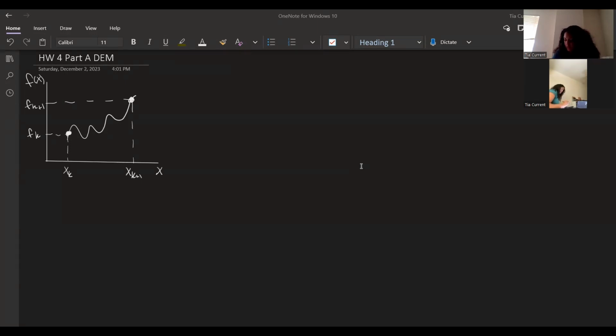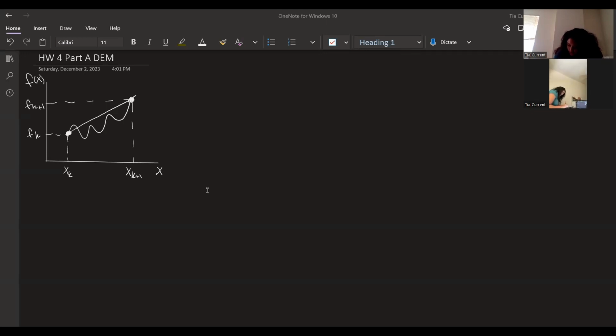So for this, with this Jacobian and everything else, we're going to be finding the slope, the rate of change. Typically when you find the slope of a linear line with two points, you use the point slope formula.